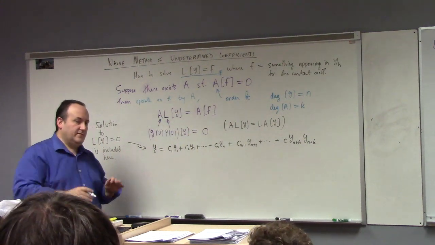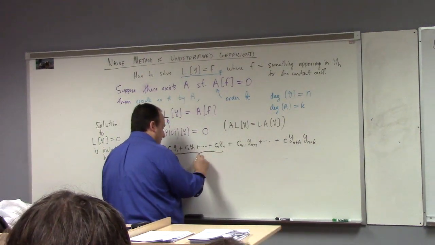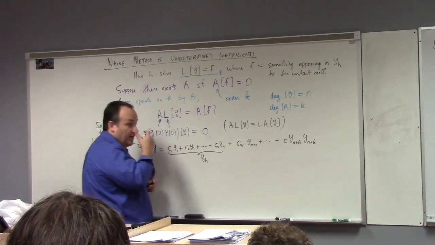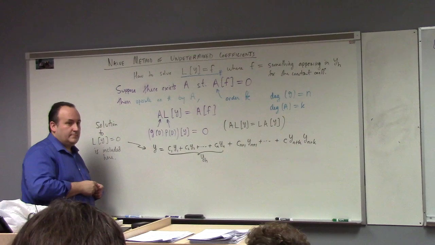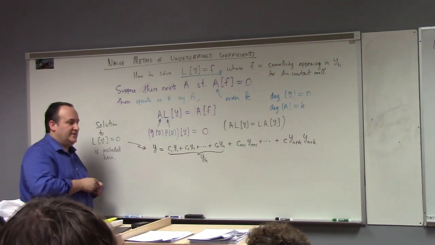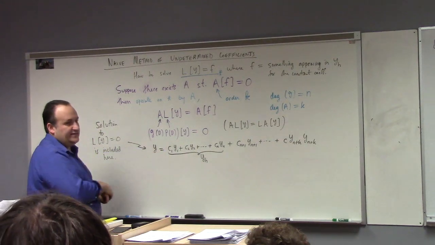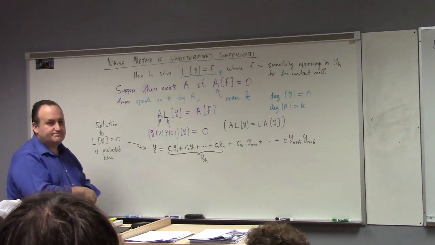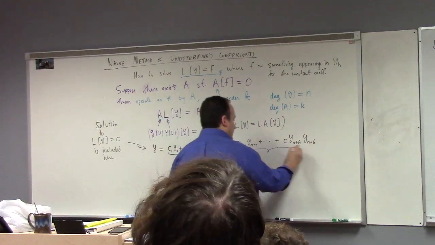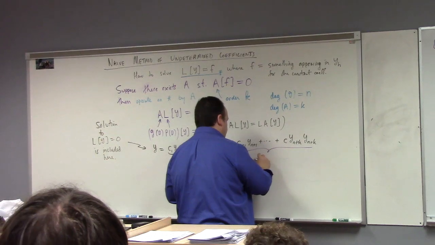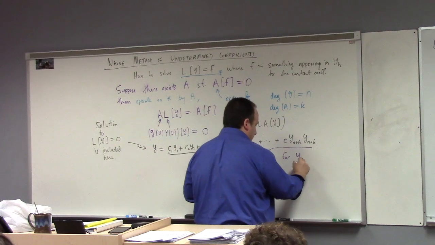So for the sake of this discussion, let us suppose that this piece right here is y_H. All right? So the method of annihilators simply points out that whatever's left has to be the form of the particular solution. So this right here is a template for the particular solution.